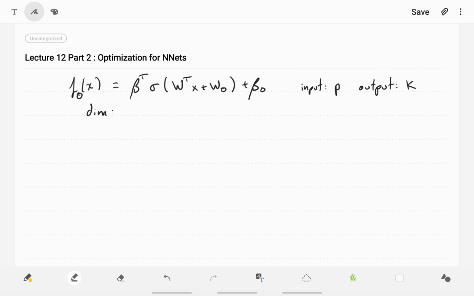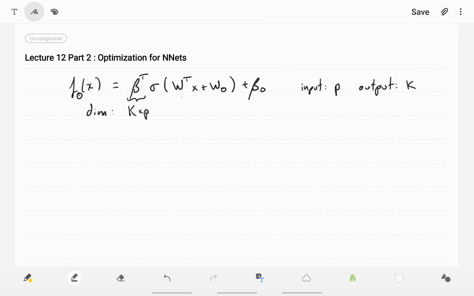For example, if we're doing k-class classification, then the beta would have to be a matrix. Right? So beta here is, well, the output is going to be k, so this is k by p. So beta transpose is k by p.